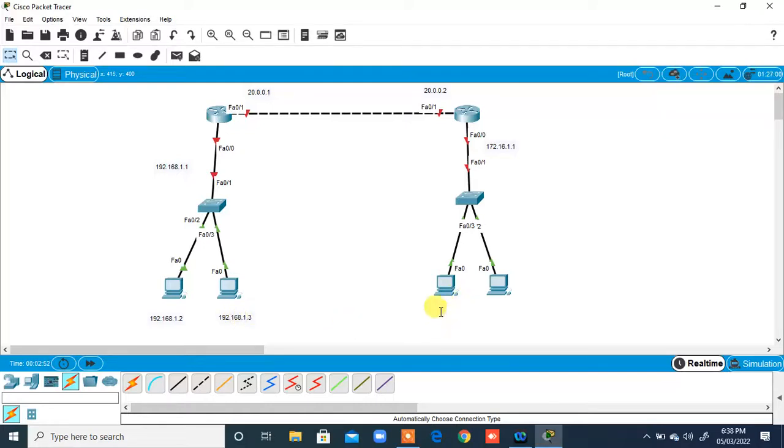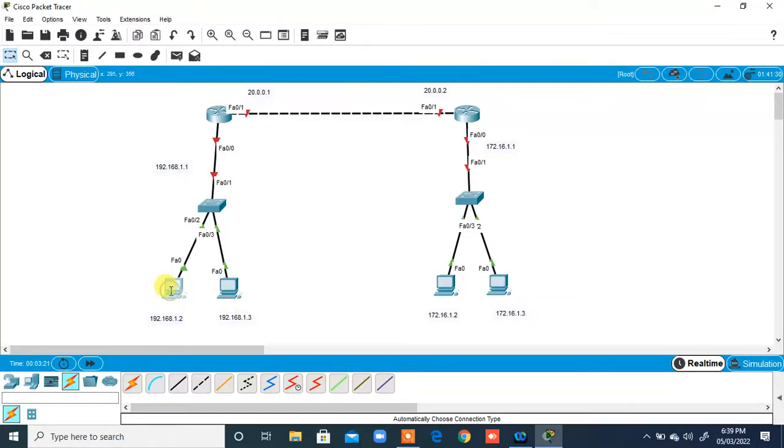Let me drag and drop this so that I can use the same. So here I am going to take 172.16.1.2 and here I am going to take 1.3. I hope this diagram is very much clear to you, right?